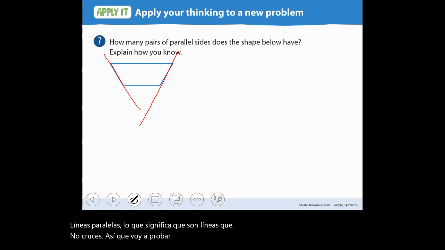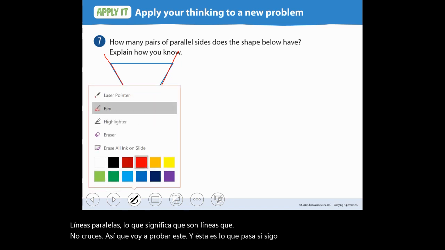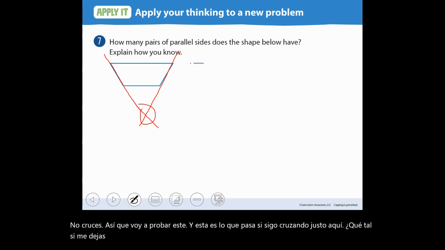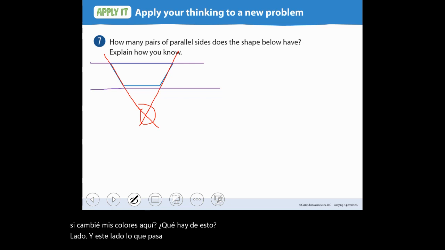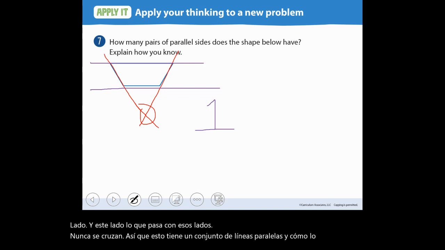Oh, what happens if I continue? They cross right here. What about, let me switch my colors here, this side and this side? What happens with those sides? They never cross. So this has one set of parallel lines. And how do we know that? Because they never cross.